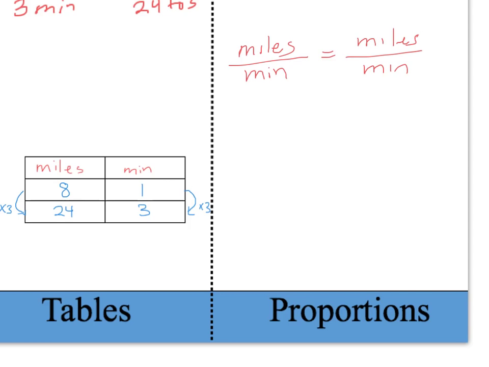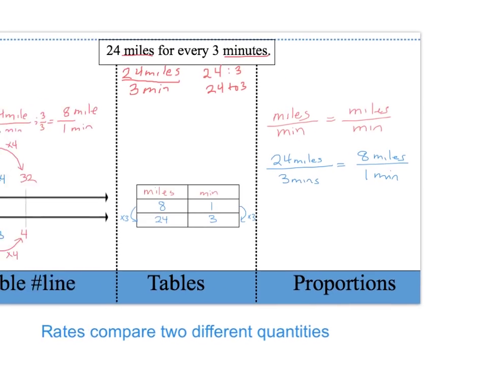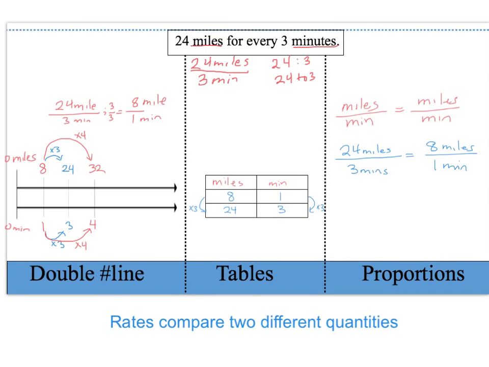Given that same exact problem, I can say that 24 miles per 3 minutes is the same as 8 miles per 1 minute. If I reduce 24 over 3, I still get 8 over 1. So let's use these three strategies to solve the following examples.